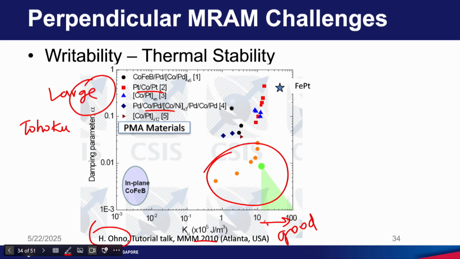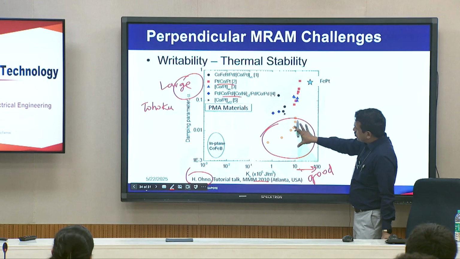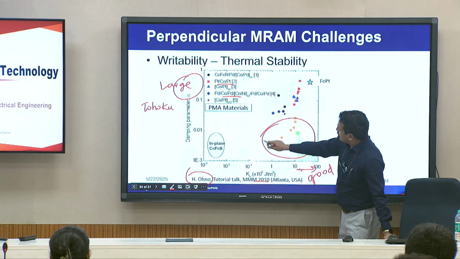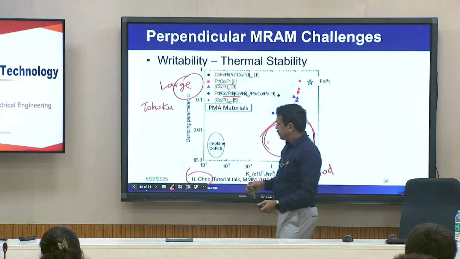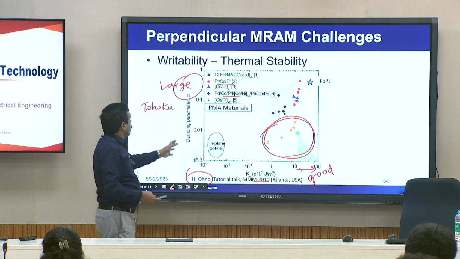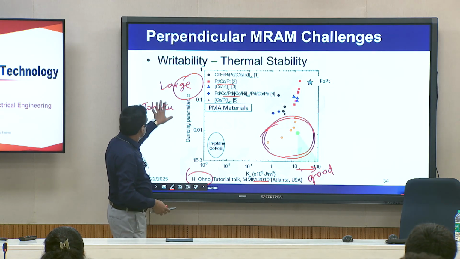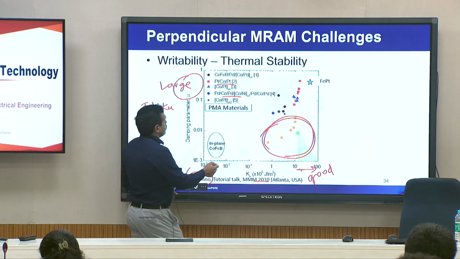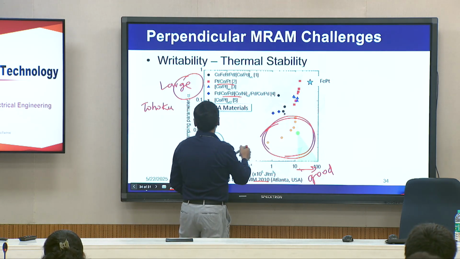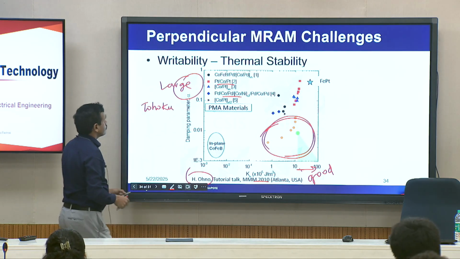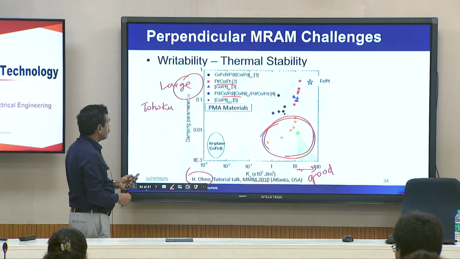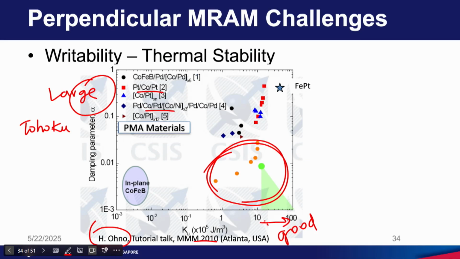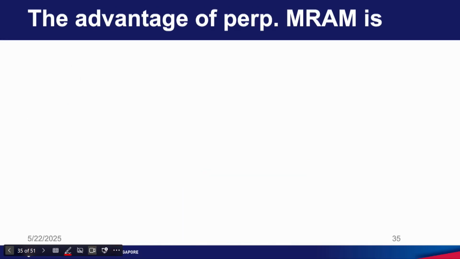So I told you we are looking at some material which have large anisotropy constant but low damping. So I told you we are looking at materials in this area. So the materials proposed by this group in Tohoku by Professor Ono and other people. So they had these properties. Okay. So before I tell you what it is, let's do some questions.